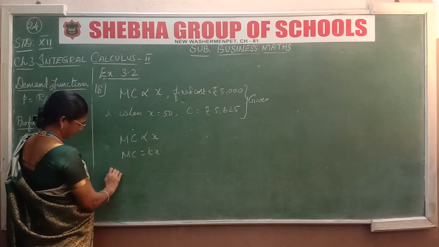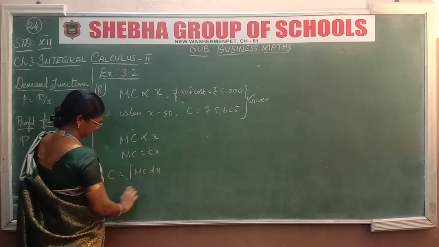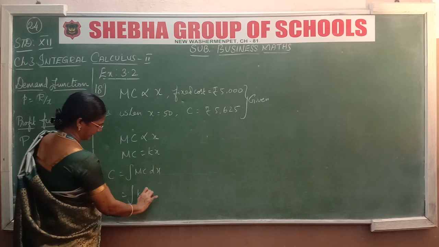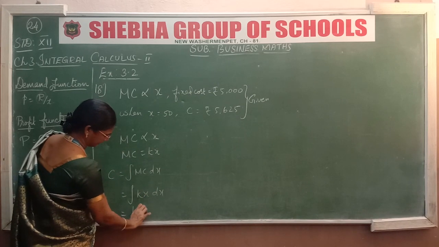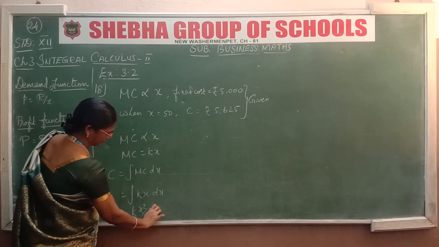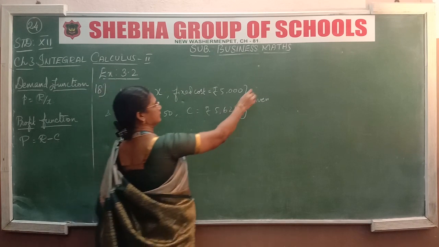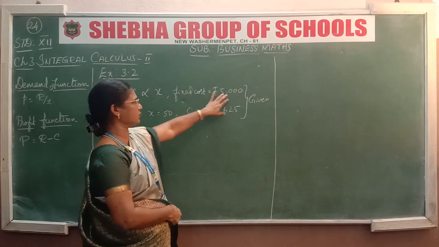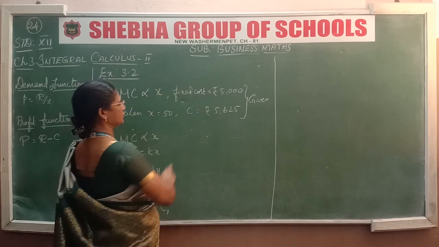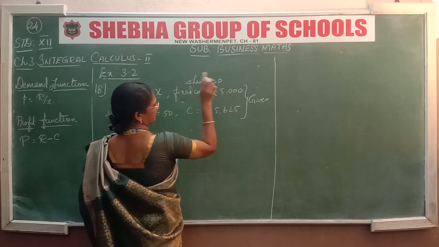So now find C. What is C? C is integral MC dx, which is equal to integral kx dx, which is equal to k into x square by 2 plus some other constant c1. Here this is C, the cost function. And it is given our fixed cost is 5,000. That means when x is equal to 0, our C value is 5,000.